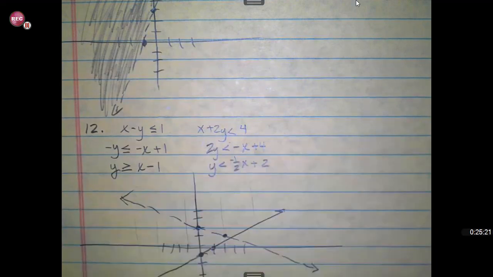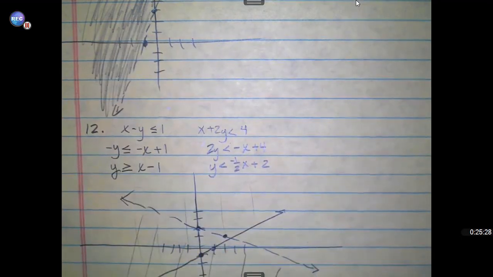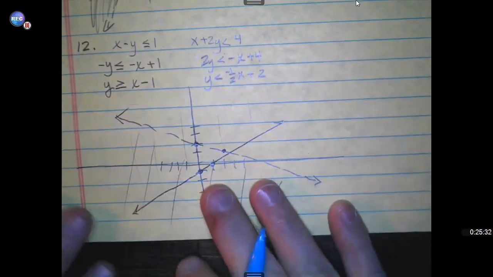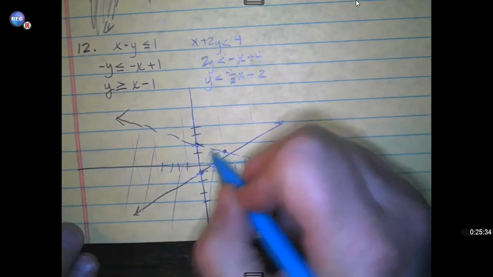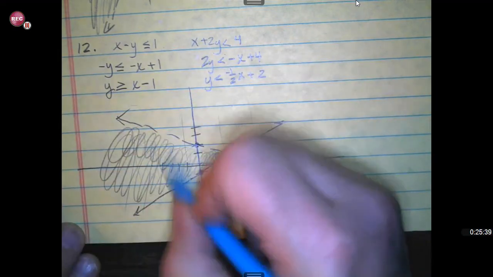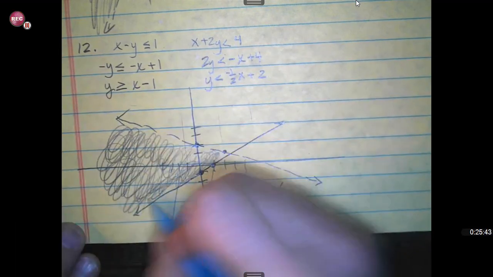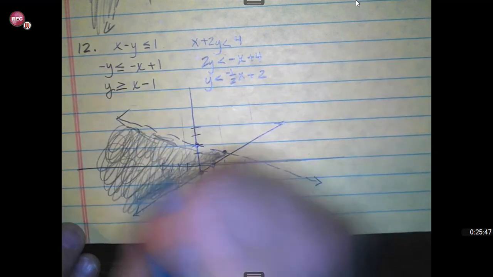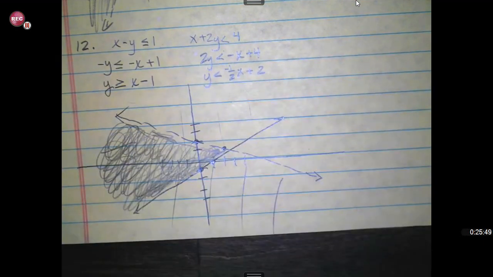And 0 is less than 2. It's going to get shaded this way. Where do the shadings overlap? Shadings overlap in this triangle. Okay. That's it for that one.